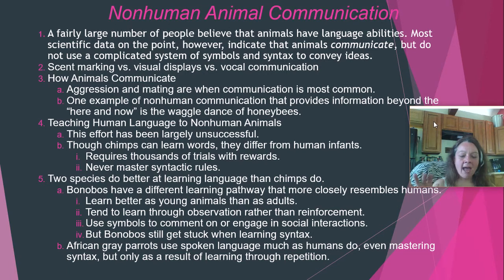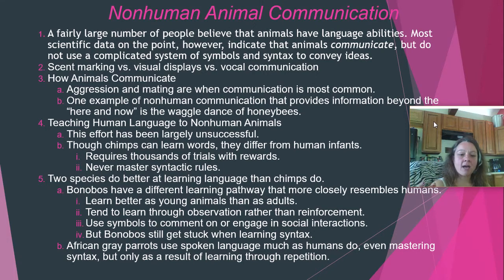We know that chimpanzees have languages. We know that pretty much all of the non-human primates, and then the even lower simians, so monkeys, those are the lower ones, down to tarsiers, they have forms of communication.